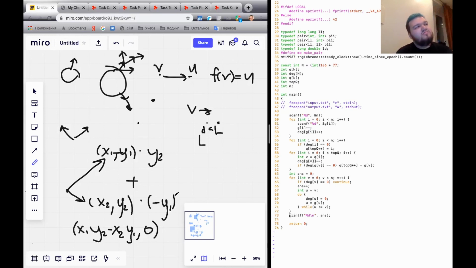Or maybe we shouldn't. Maybe we just want to get really big coefficients. Yeah, that seems right.